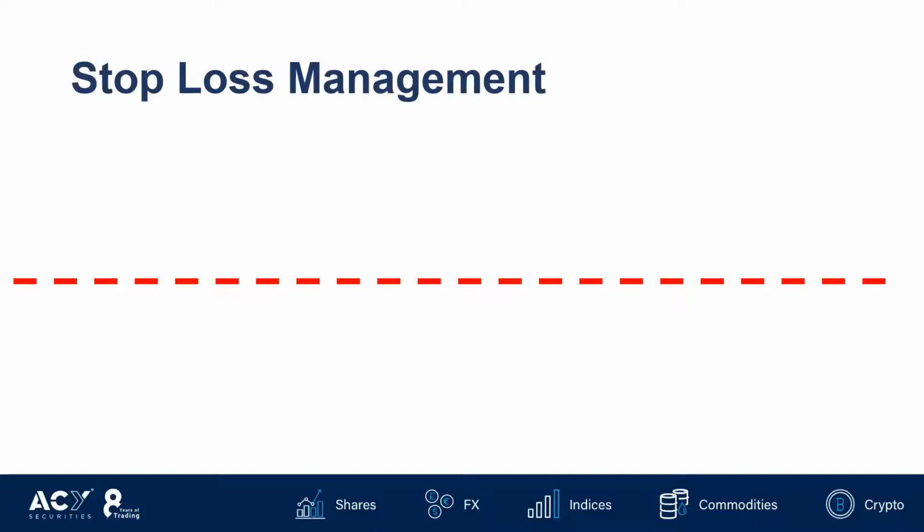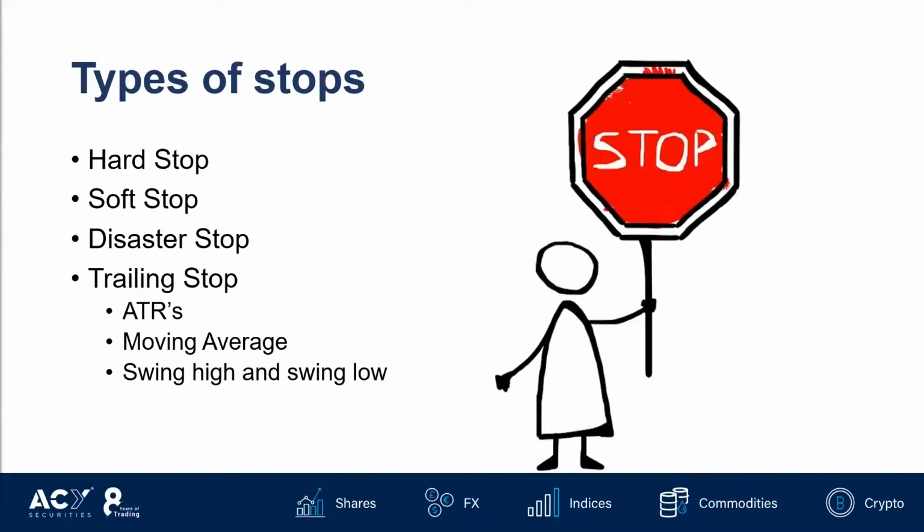Now, there are a number of different ways to place a stop. There is a hard stop, a soft stop, a disaster stop, and a variety of different trailing stops. A fixed hard stop loss is placed at the time that you actually place a trade. It does not move for the life of the trade, which means that it can be opened and left without supervision.